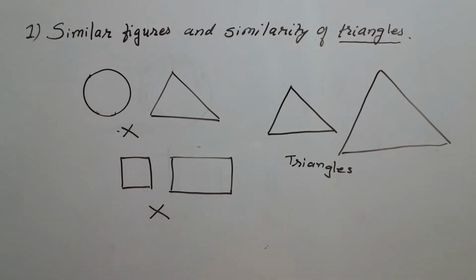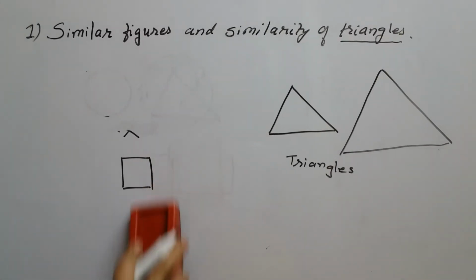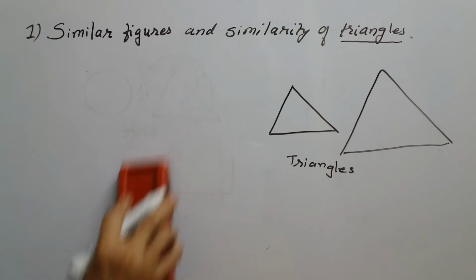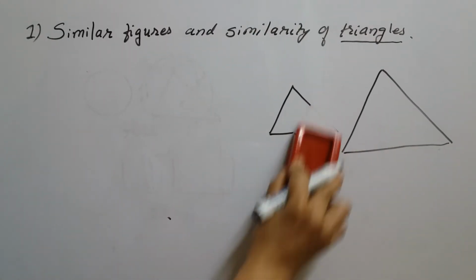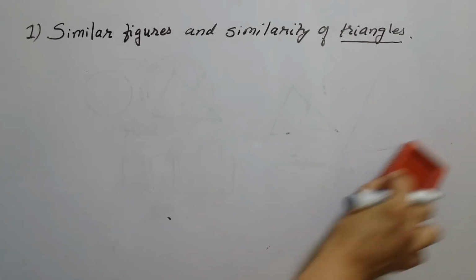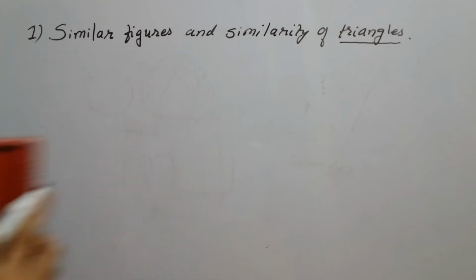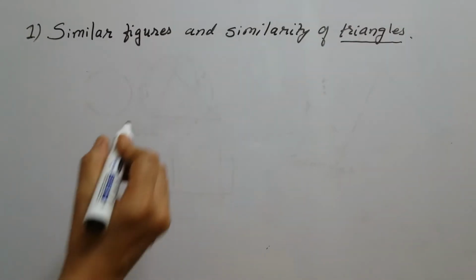Now what about polygons? Suppose I take geometrical figures which have more than 3 sides or more than 4 sides. What can we say about those polygons? Suppose I am taking quadrilaterals.